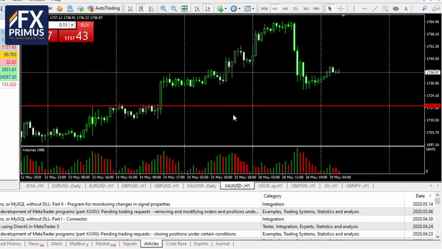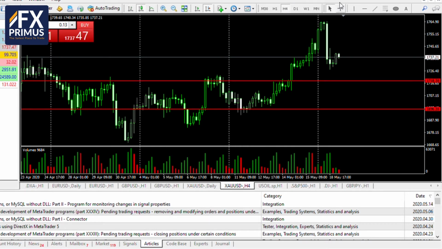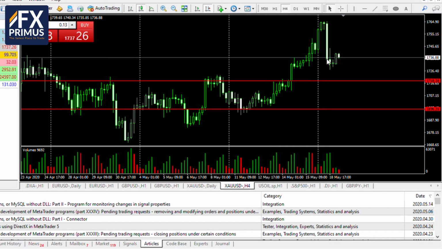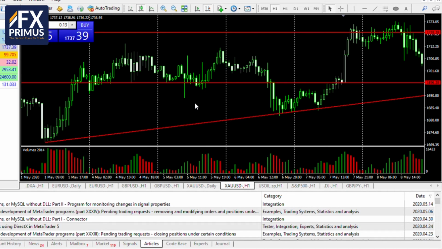When we look at gold prices, gold has been bullish for quite a while, from a low of 1671 way back on the 1st of May. We can see this bullish trend continuing on the 1 hour charts, all the way back, so you can see it very nicely.